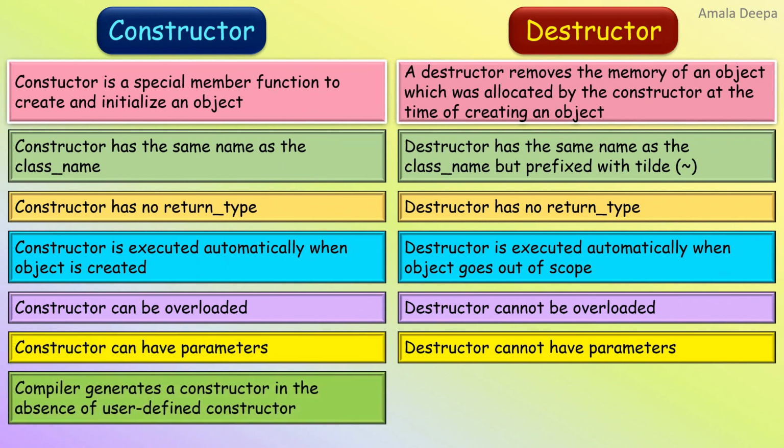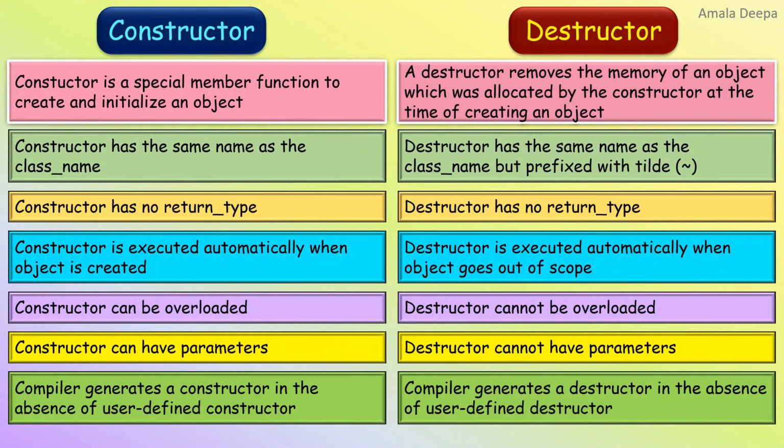Compiler generates a constructor in the absence of user-defined constructor. Compiler generates a destructor in the absence of user-defined destructor. Constructor is executed automatically when object is created.